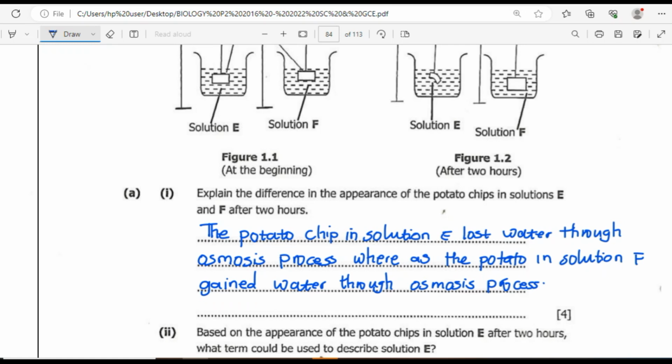As a result, there was an increase in size. So this is what happened.